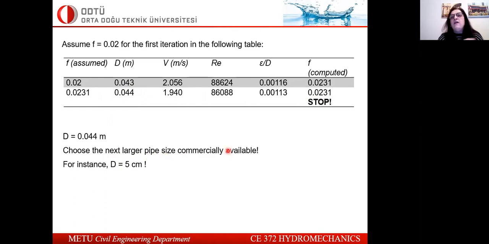So if you were to have 4 and 5 centimeter diameters, then you have to select D to be equal to 5 centimeters. So whatever that commercially available pipe size is, you will use the next larger pipe size that is commercially available. I hope it is clear.